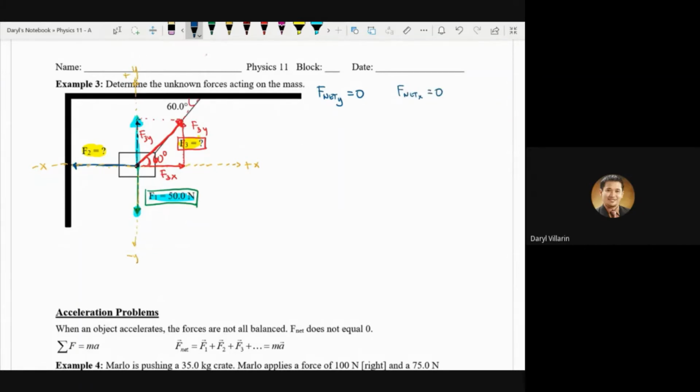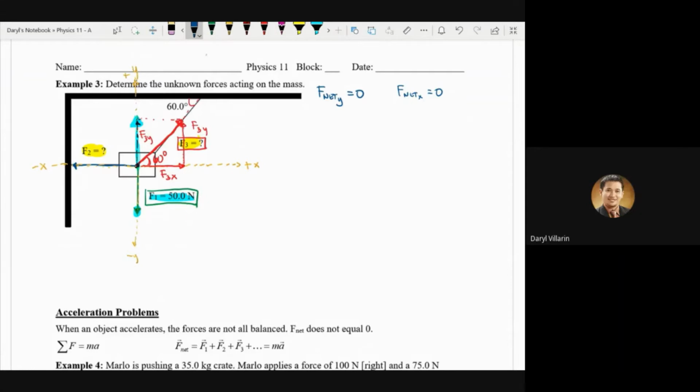Because the object does not move, the net forces on both axes, the vertical and horizontal components, should give me 0.